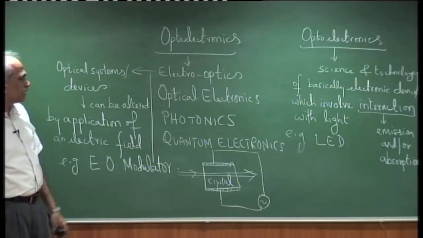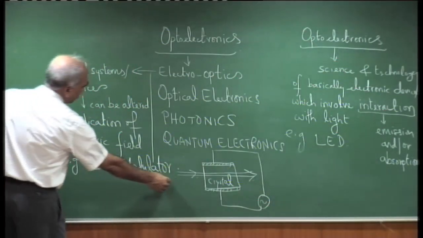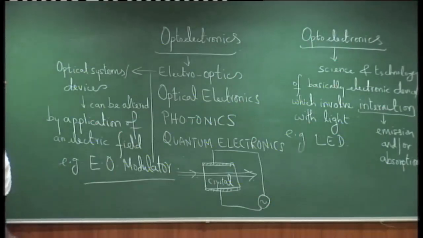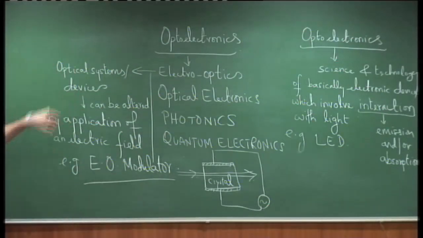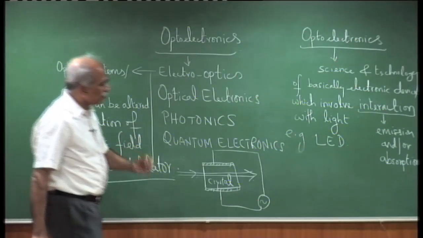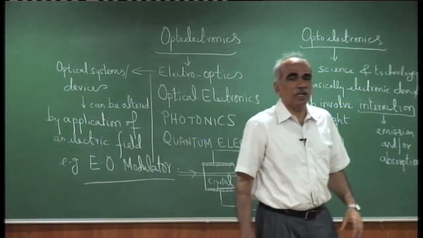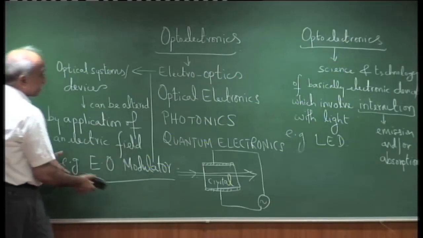So this is the basic principle of a phase modulator. So electro-optics primarily deals with optical devices and optical systems where the application of an external electric field modifies its properties. Similar definition holds good.